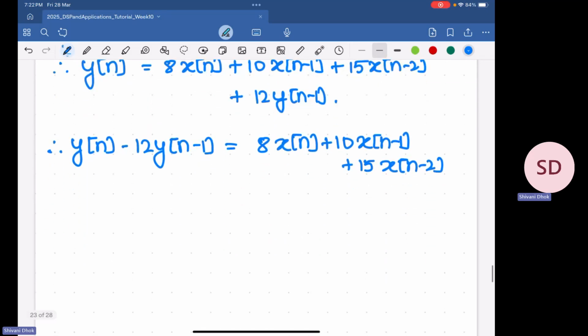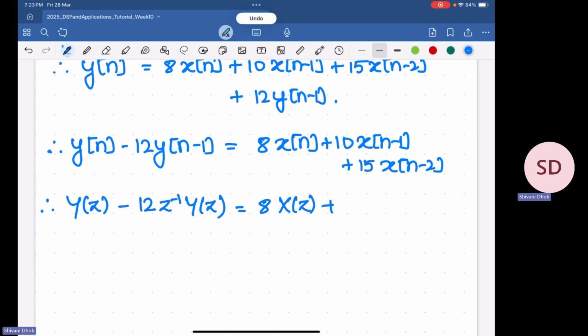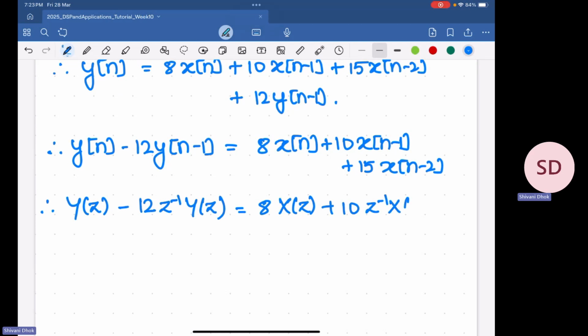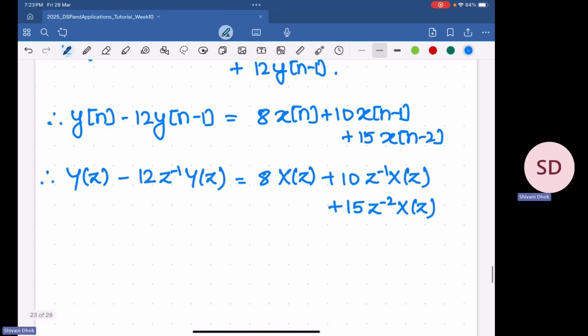So now let us find the z transform. Therefore we get Y of z minus 12 times the z transform of y of n minus 1, which is z inverse Y of z, equal to 8 times X of z, as x of n has a transform X of z, plus 10 times x of n minus 1, which has a transform z inverse X of z, plus 15 times z to the power minus 2 X of z.